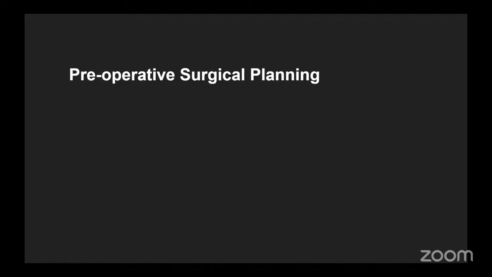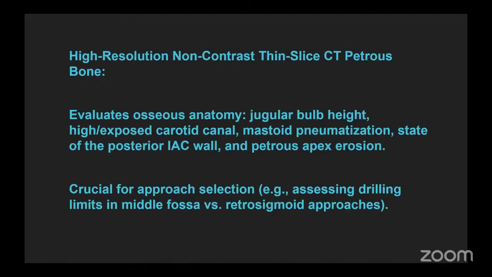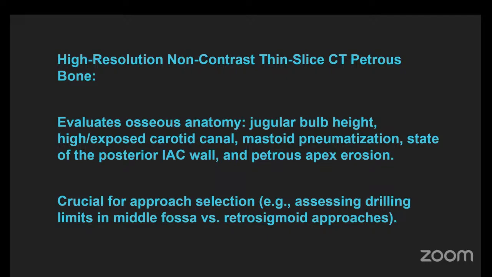So for pre-operative surgical planning, we know that we want a thin slice CT petrous bone. Why do we need that? Because we want to see the osseous anatomy in detail. Partly, we want to see the thickness around the semicircular canal. We want to see the mastoid pneumatization.